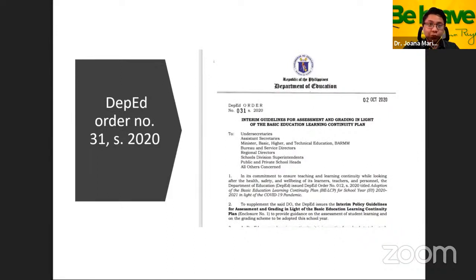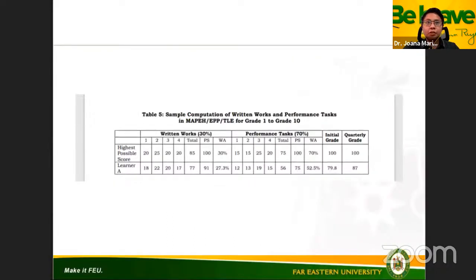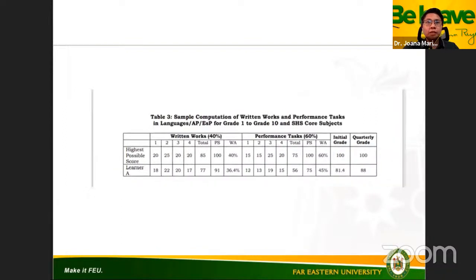So, ito po ang directive ni DepEd. So, this is the sample computation for MAPE, grade 1 to grade 10. Ayan po. I know you are very familiar with that. And then for the senior high school, ayan po, 40 percent written work and 60% performance.